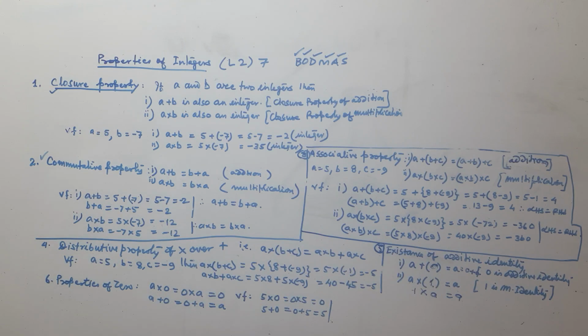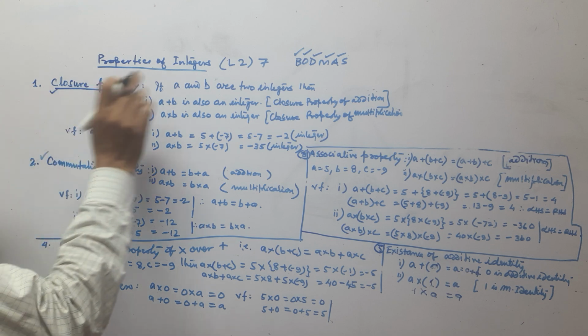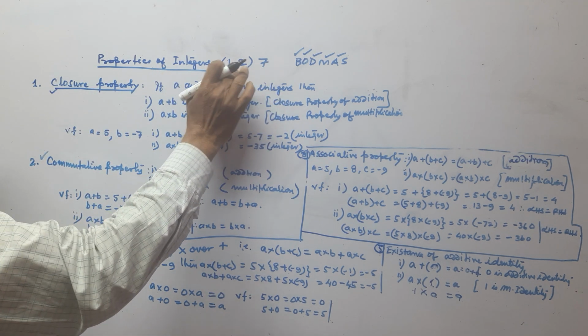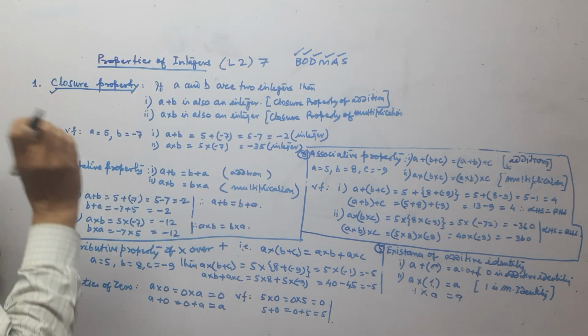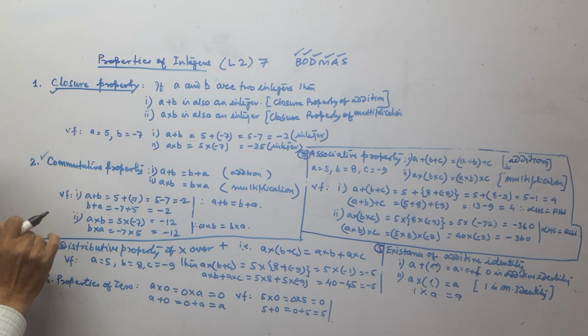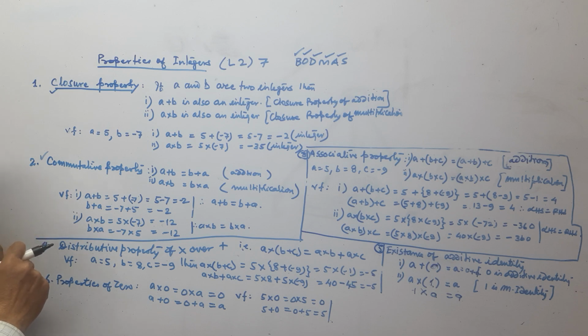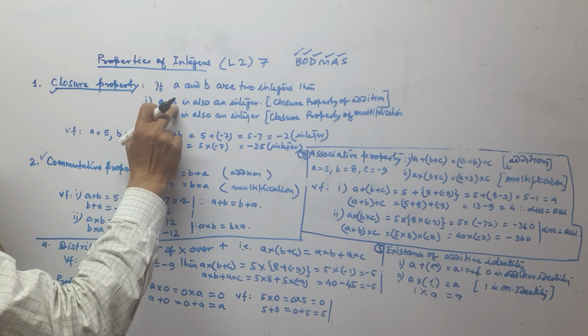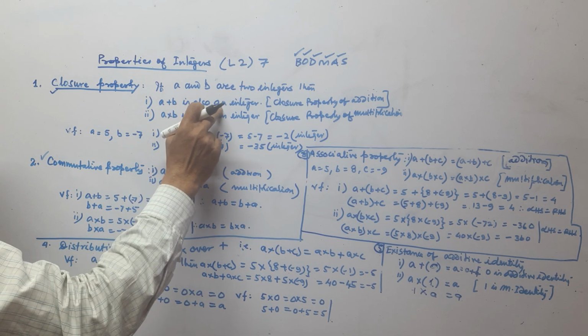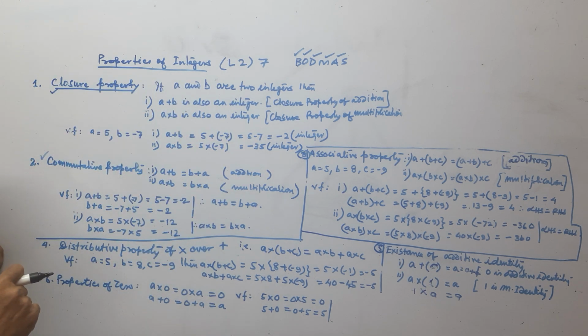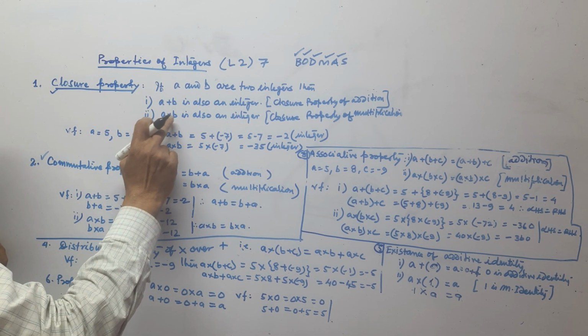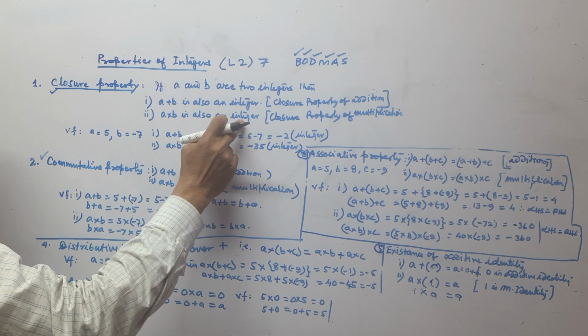Dear students, properties of integers. This is for class 7 and it is lecture number 2. The chapter is integers. Closure property means the sum of two integers is again an integer. The product of two integers is also an integer.